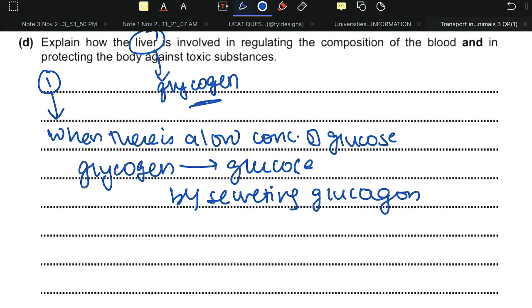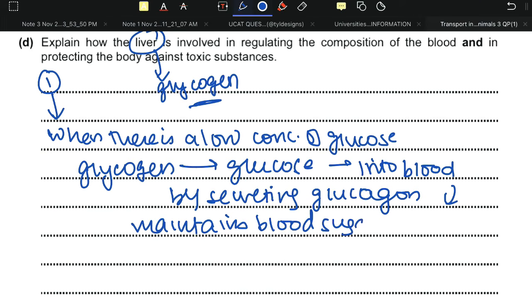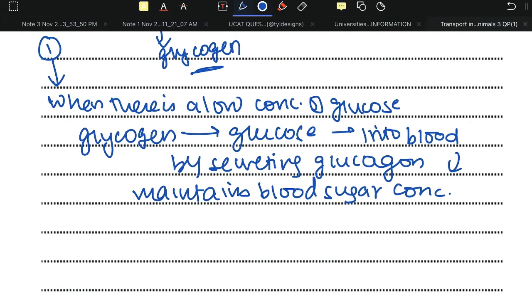I'm just writing it in points to make it easier for you guys to understand. Low glucose concentration means that glycogen gets converted into glucose, and this is released into the blood. So it maintains the blood sugar concentration by secreting glucagon.